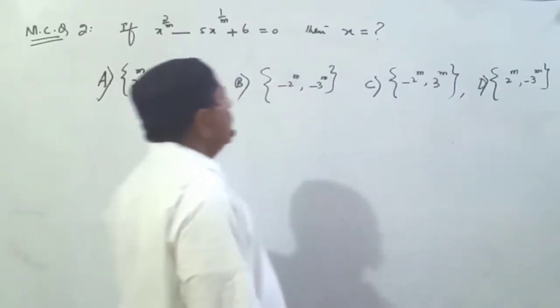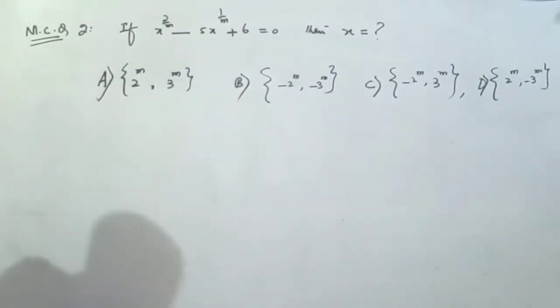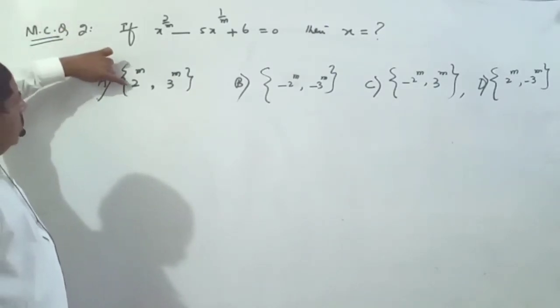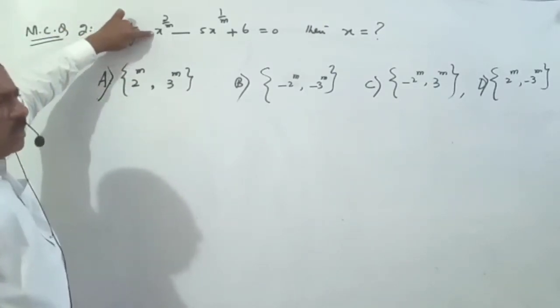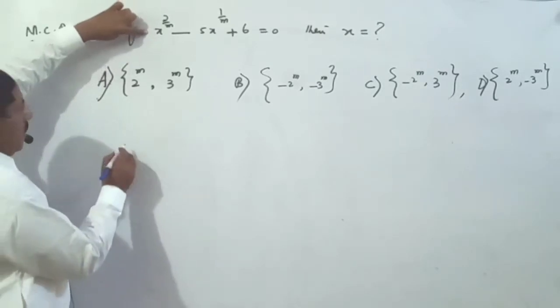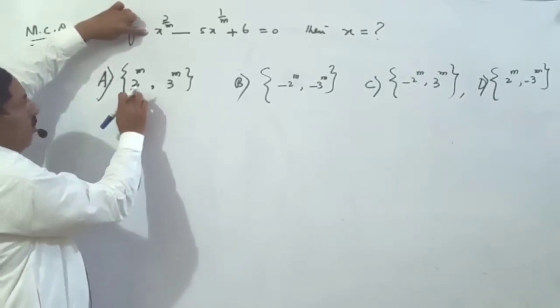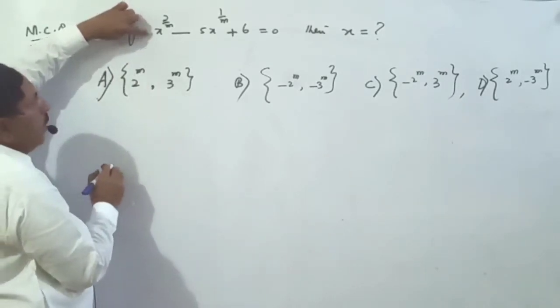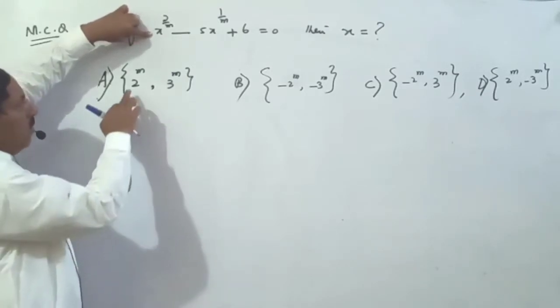So suppose we set the value 2 power m as x, means the value of x is equal to 2 power m. Instead of x we will substitute the value 2 power m.